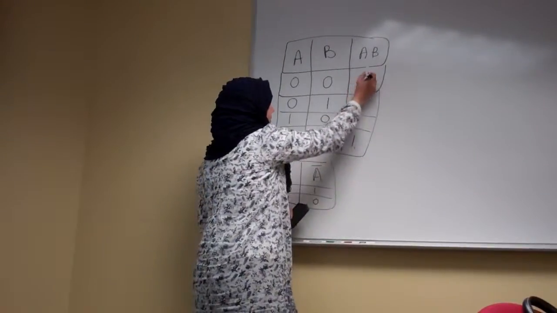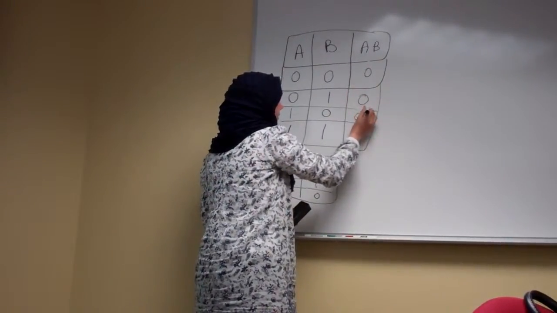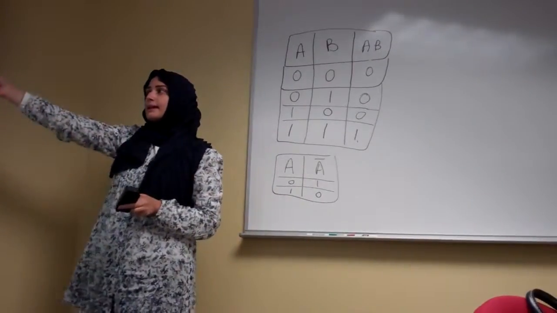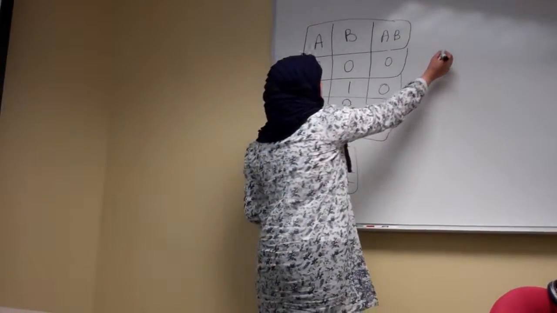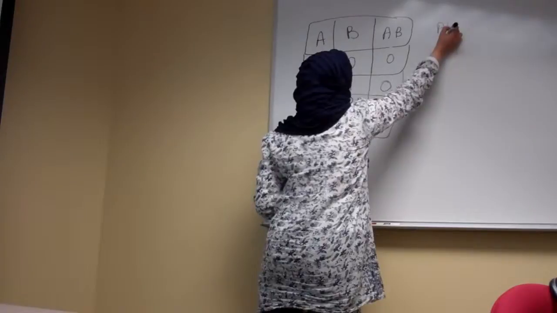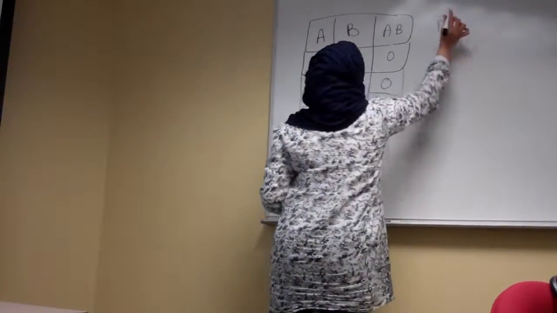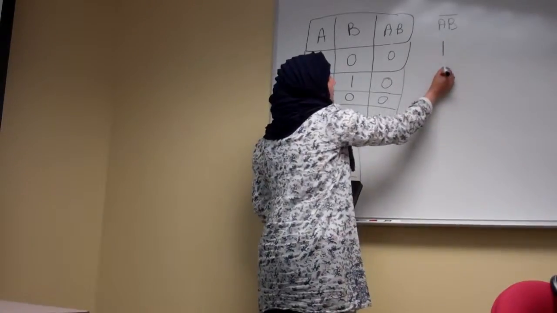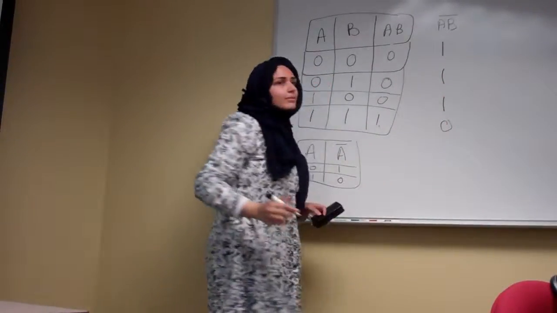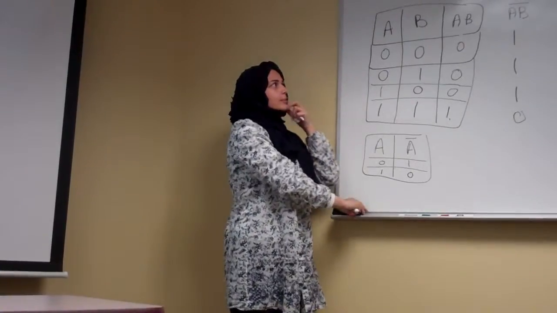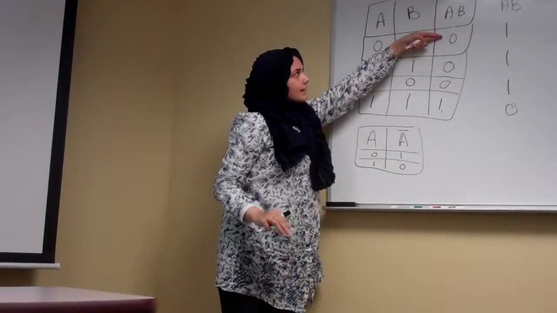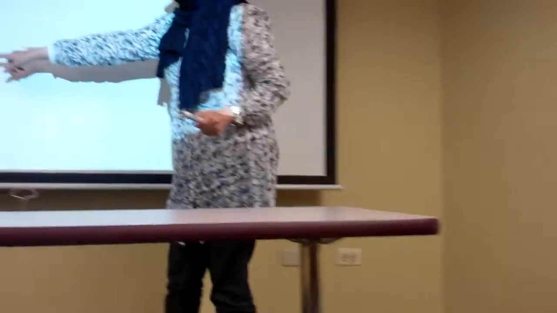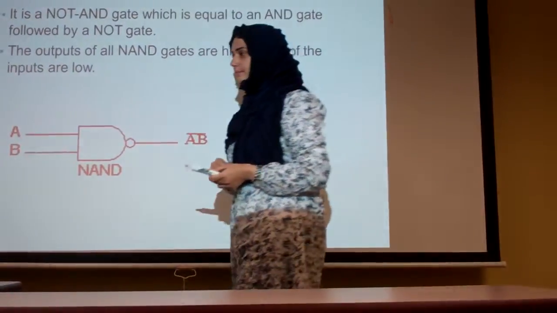The AND gate was like this. You remember that? Yeah. For the NAND gate, we will get what? We will get A, B, but then the inverter, 1, 1, 1, 0. This is the result of the NAND gate, because it is the same as AND, but we put this to make it the opposite.